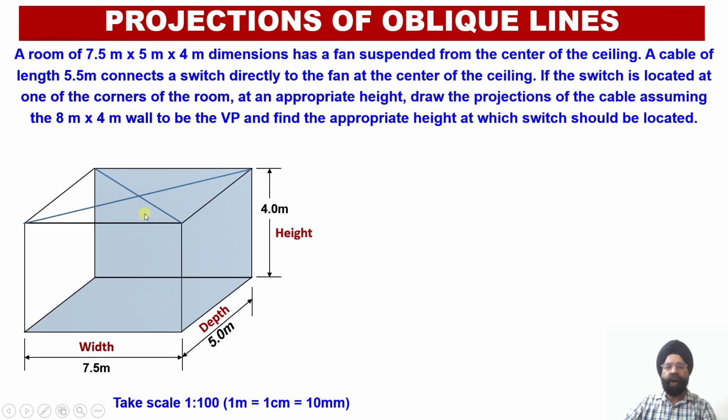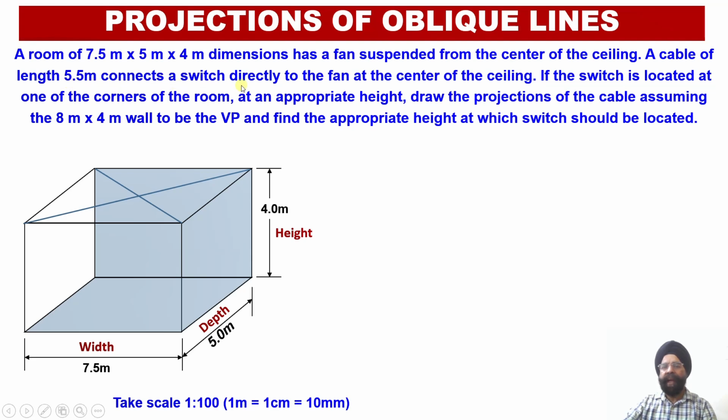Now here we have got this fan, which is connected to a switch. The switch is located in one of the corners of this particular room, and this fan is connected to the switch with the help of an electric wire or a cable, and the true length of this wire or cable measures 5.5 meters.